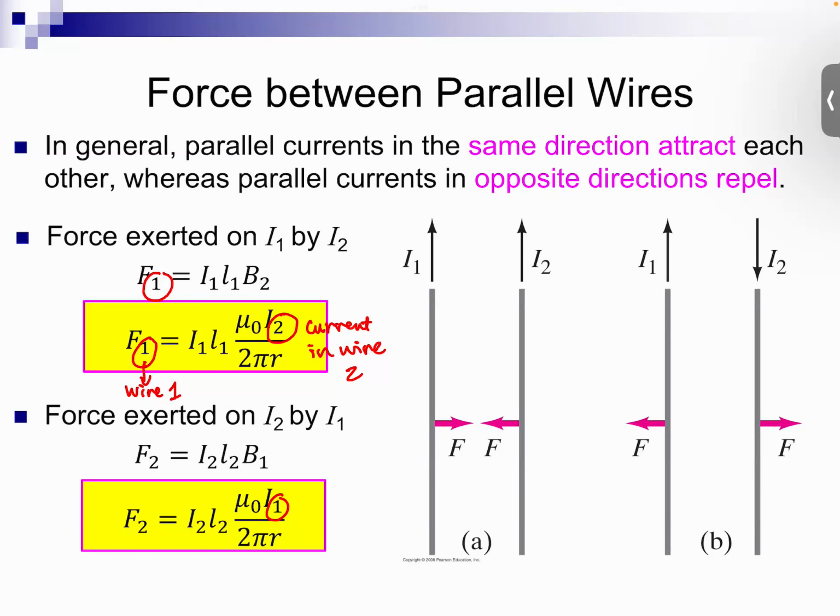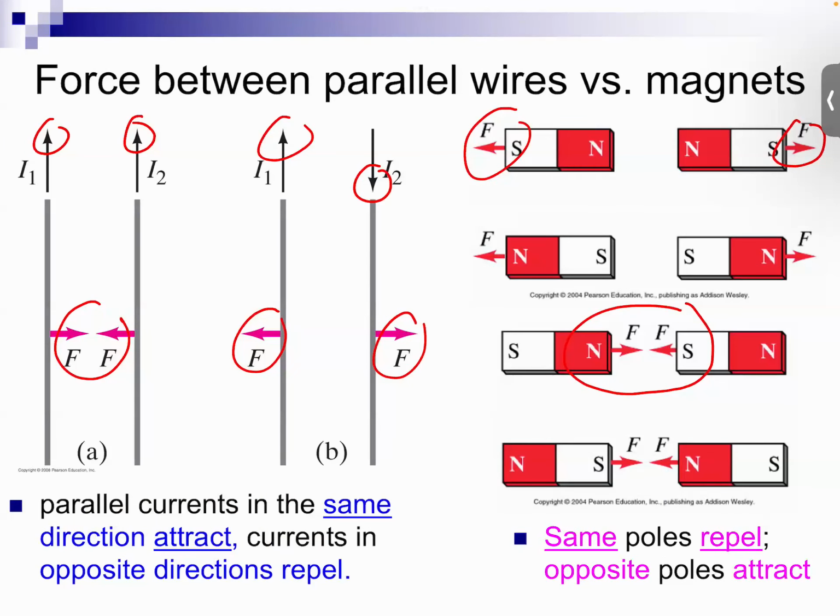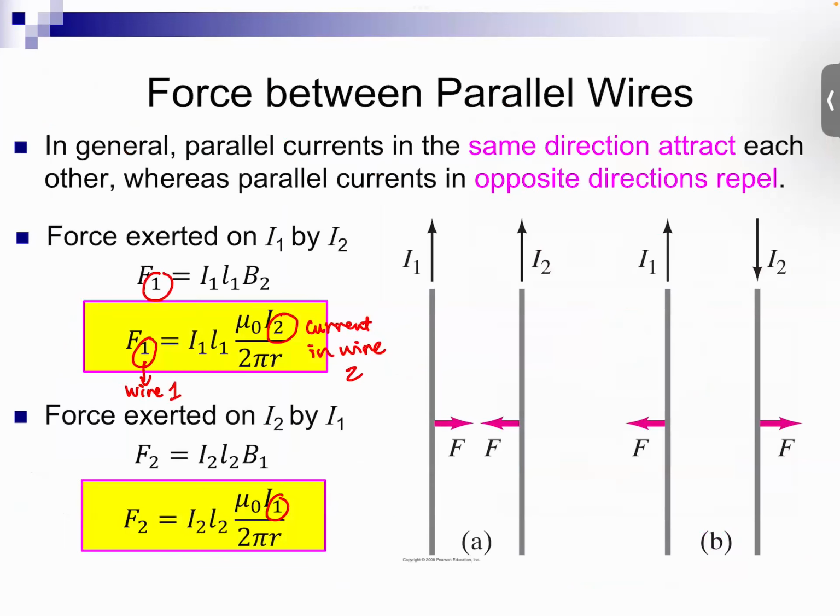Just the key concepts I want you to remember here is that two wires that are carrying currents, if you put them together, they will exert force on each other. To find the direction of the forces exerted on each other, you use this concept, which you can derive from right-hand rules, F equals IL cross B. And to find the magnitude of the force that the wire feels, use these equations here.